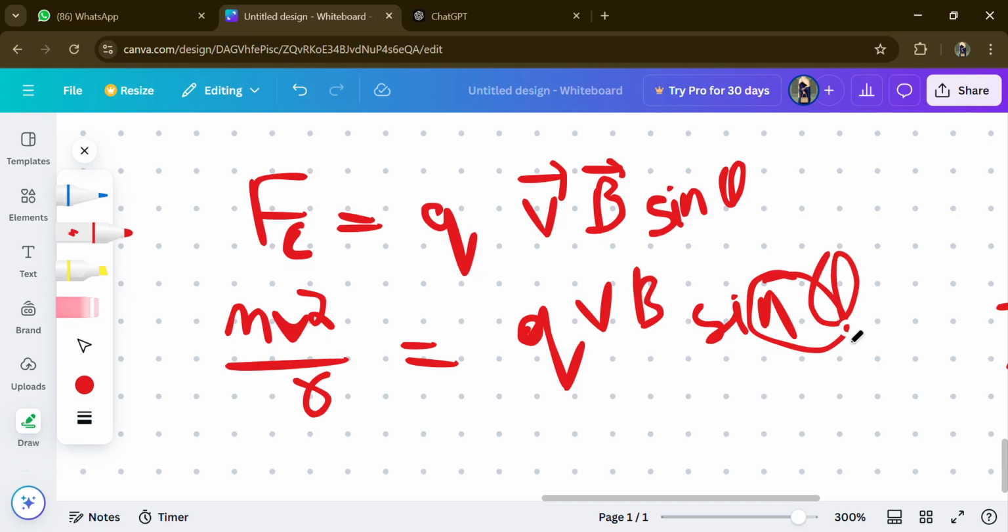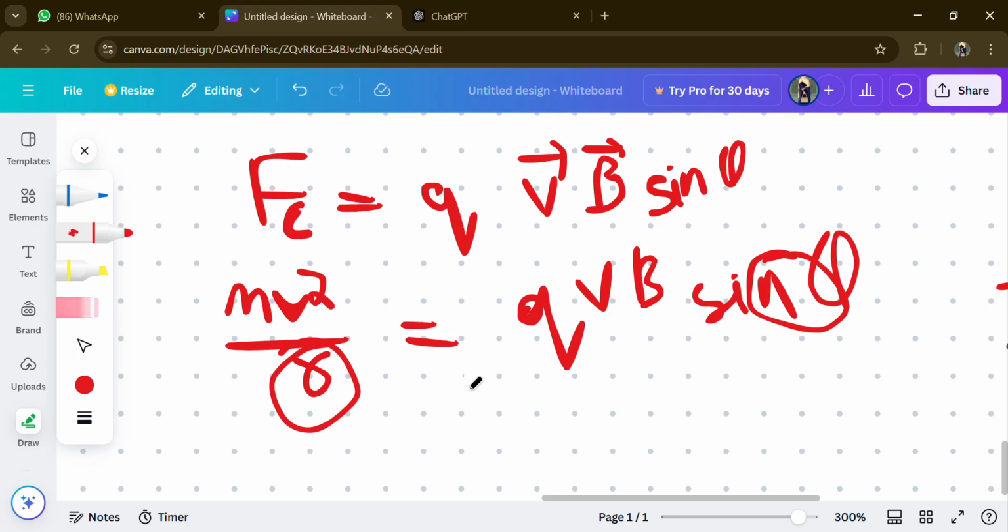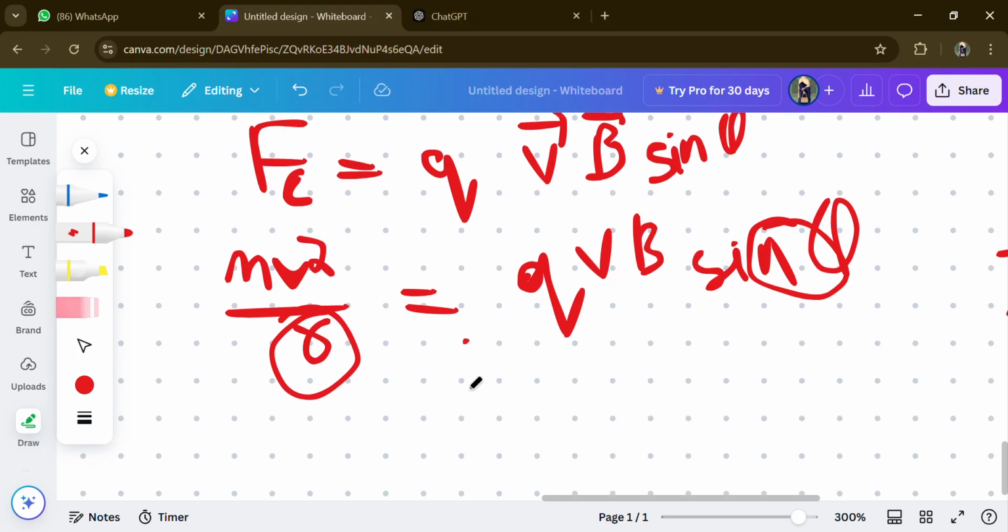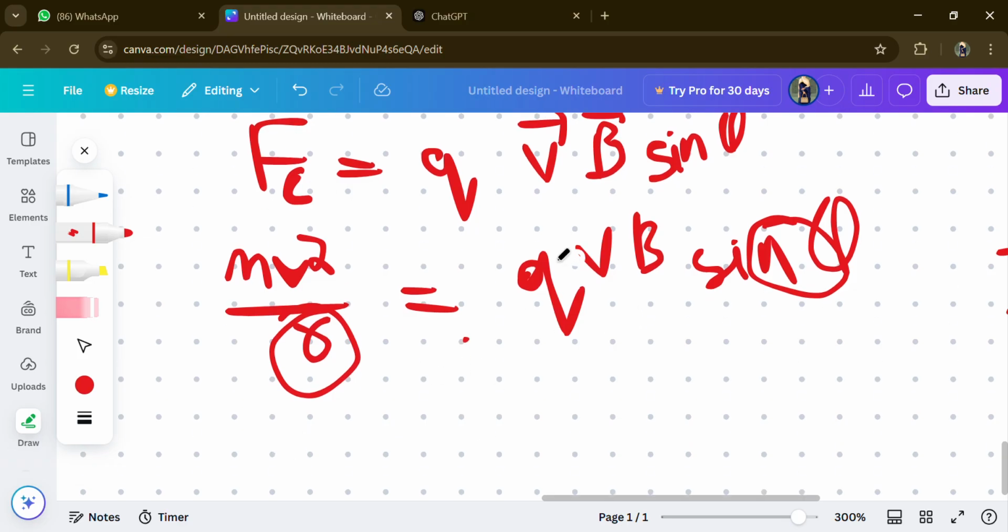Now we need to find the value of r, because we need to find the radius, that is, the distance it is covering. To find the radius, here Q, V, B are all multiplying. After going there it will divide. Here V is the same V as there, the V that is perpendicular to the magnetic field.